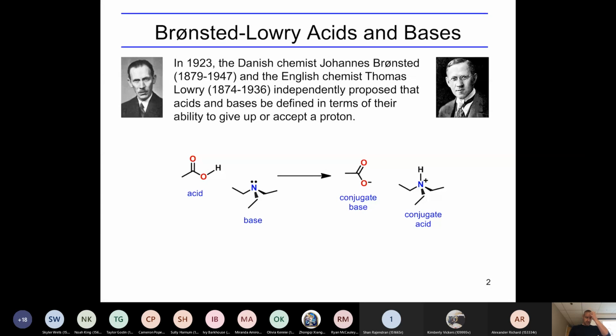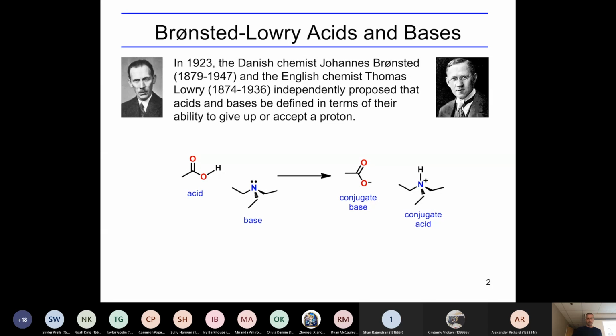We have a number of definitions of acids and bases that you may remember from first year. First one was the Arrhenius definition, which was based on whether the compound had, I think, H plus or OH in its formula. The Bronsted-Lowry definition kind of supplanted the Arrhenius definition. And normally in organic chemistry, when we say acids and bases, this is what we're talking about.